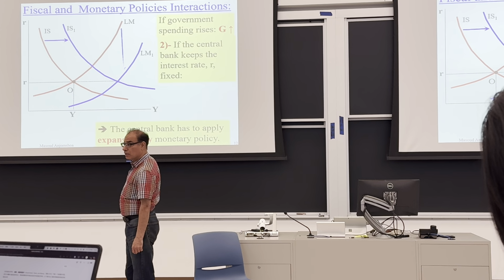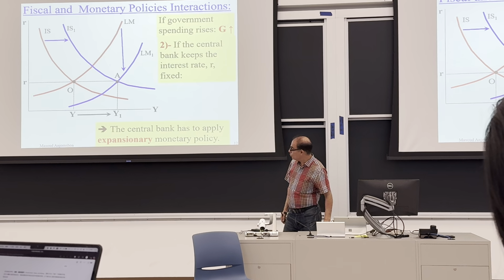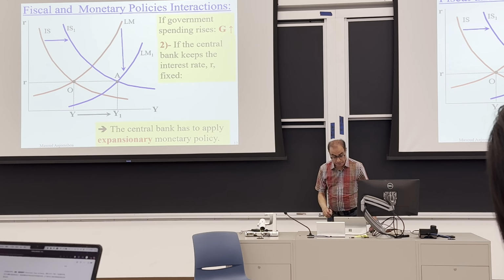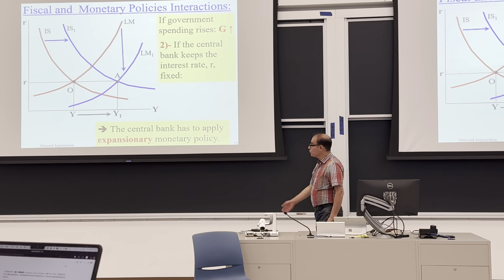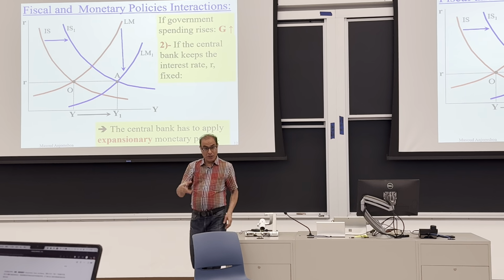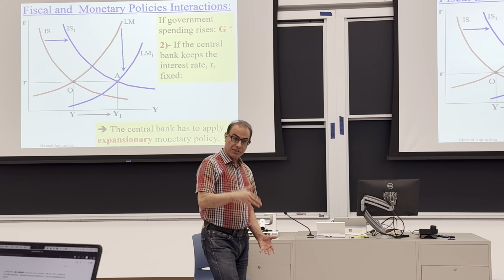Do you see that? In this way, output goes up way more than before, because with the doing nothing policy that we studied, output goes up this much. Now output goes up this much. Can you see that? More. Why more? Because you have two expansionary policies on top of each other: monetary and fiscal at the same time.